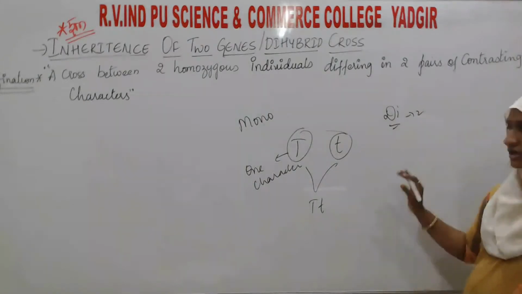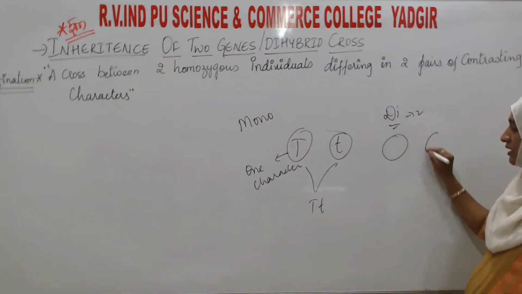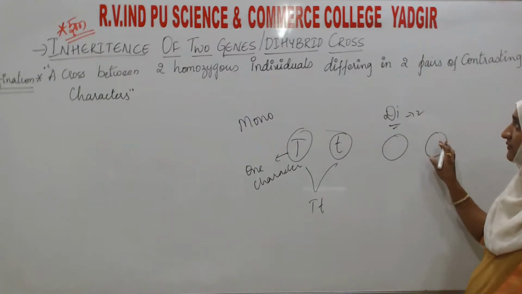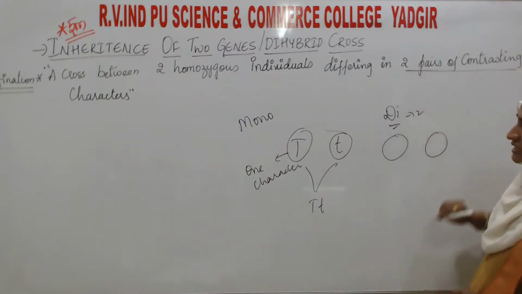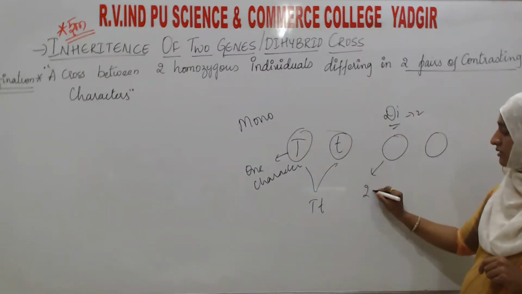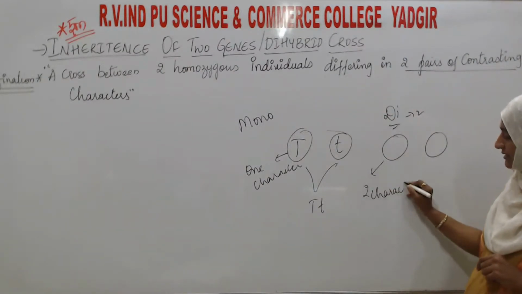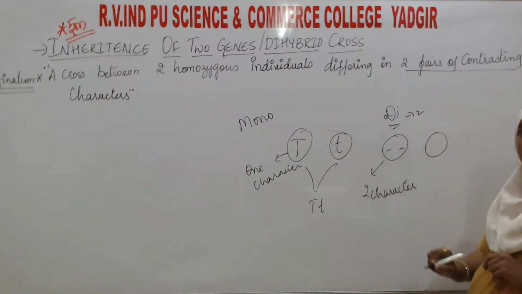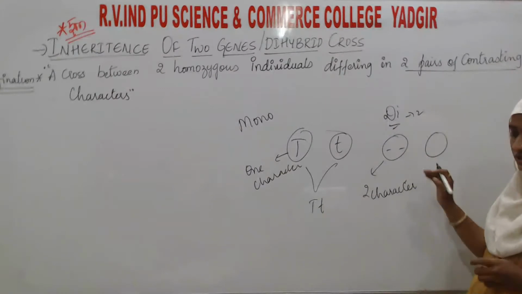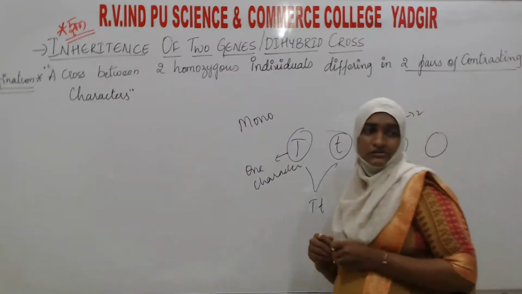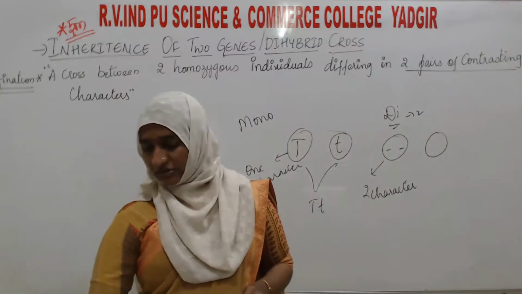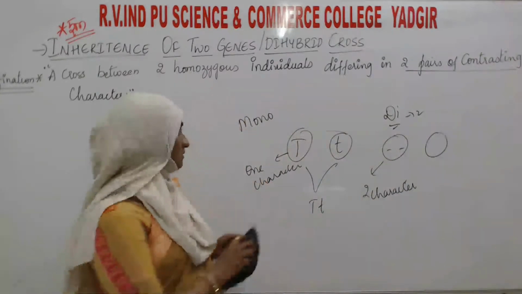Here a cross is made between two individuals differing in two pairs of contrasting characters. Two characters means two genes. So we have to see how these two genes are going to be inherited to the next generation.